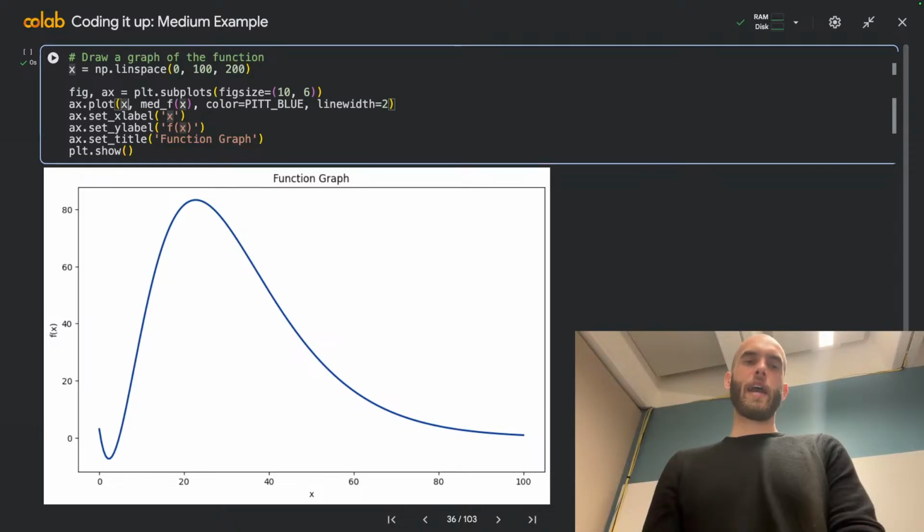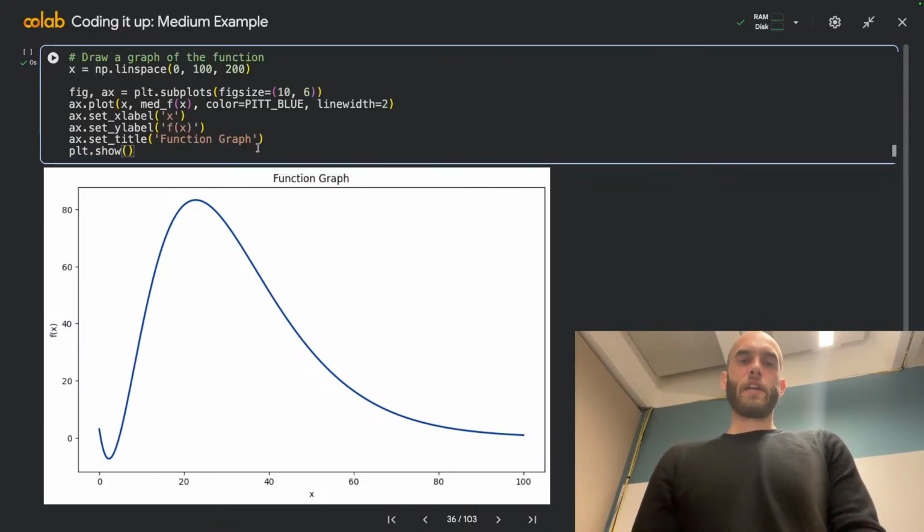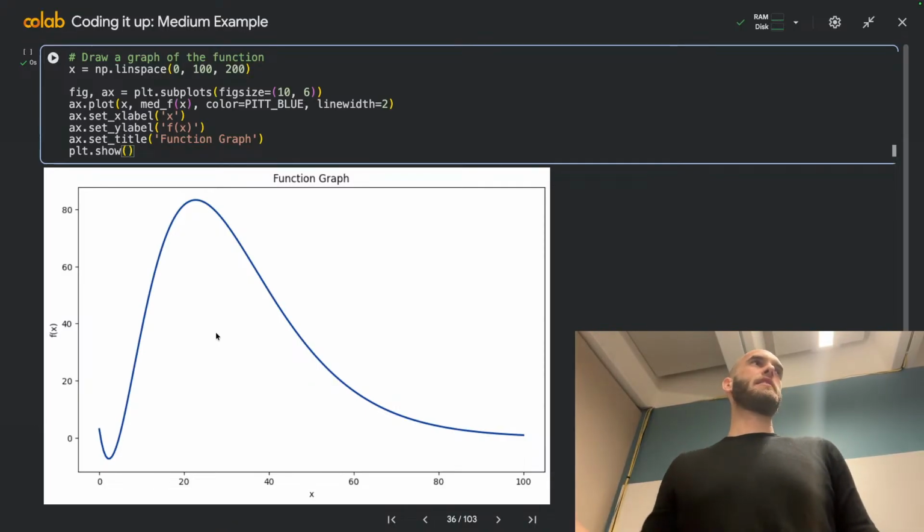So this is x on the horizontal, and then we evaluate medium f at x at each one of these points. And that gives us this figure. It's a weird function. This is the medium f, right? We have that exponent. It looks like this. So what we're doing by evaluating at 3 is evaluating somewhere down here.